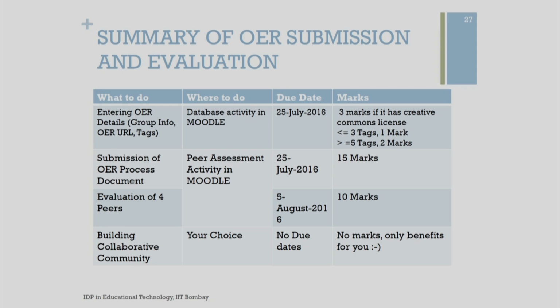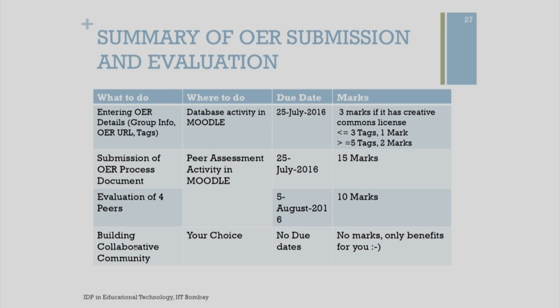Submission of the OER process document or the OER design document has to be submitted as part of the peer assessment. It will be open for submission till 25 July 2016 and you can get up to 15 marks for submission. Evaluation of 4 peers has to start from 25 July, it will be there till 5th August, and you could get 10 marks for your evaluation.